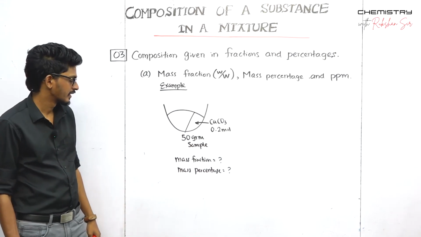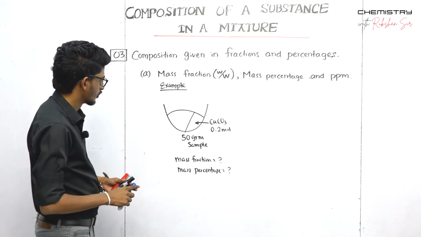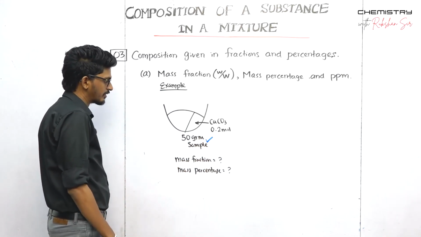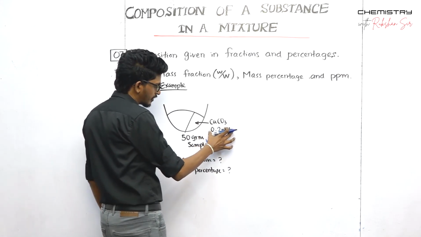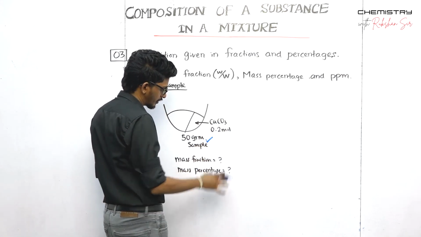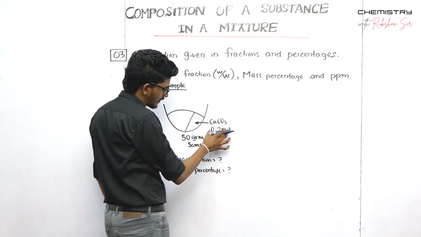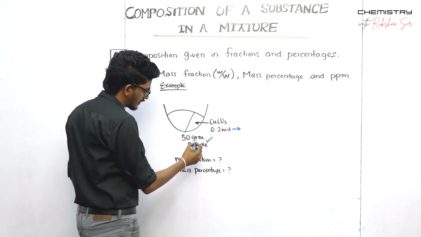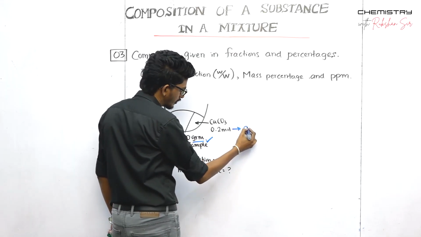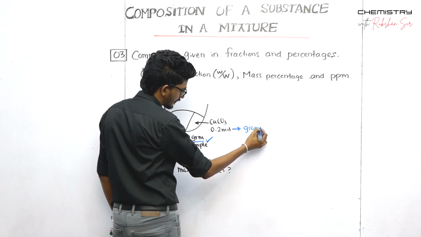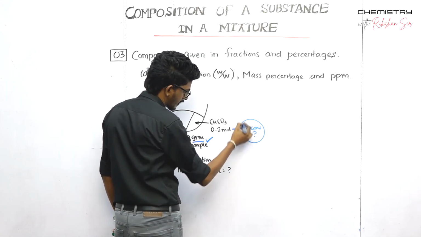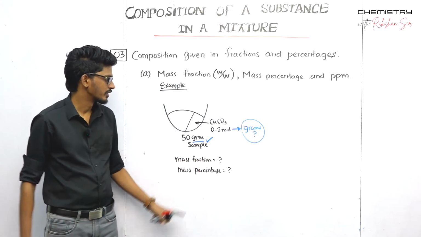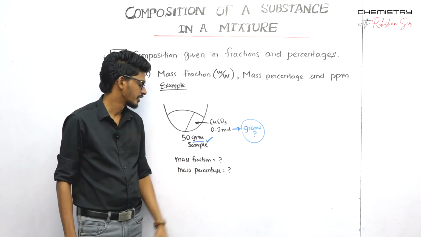Let's do the question then. The mass of sample is given and known. But the moles of the substance of interest is given, so first of all we need to convert this into mass, into grams. Mass fractions and mass percentages have no units, so units should cancel off.